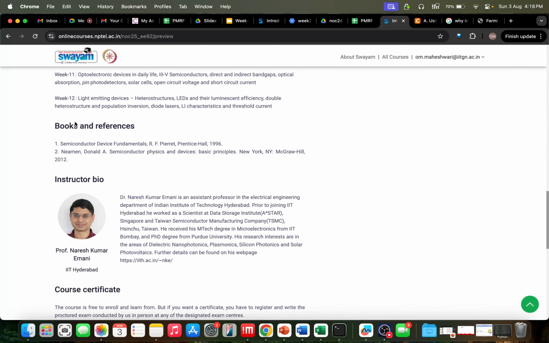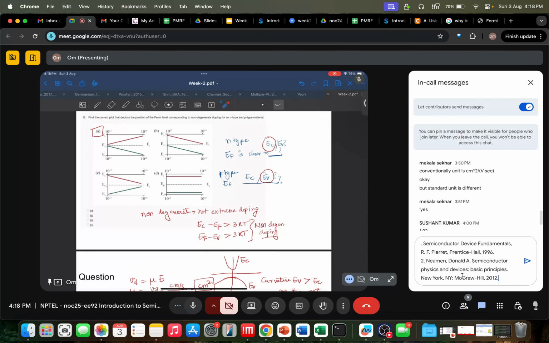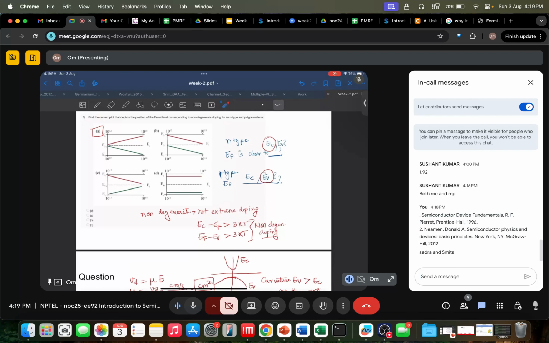Yeah, I actually started with a book called Pierret, and this is too mathematical. A relatively easier book, I think Smith?